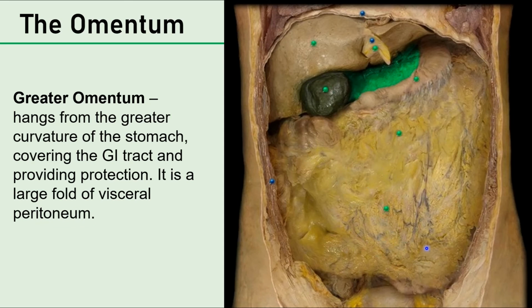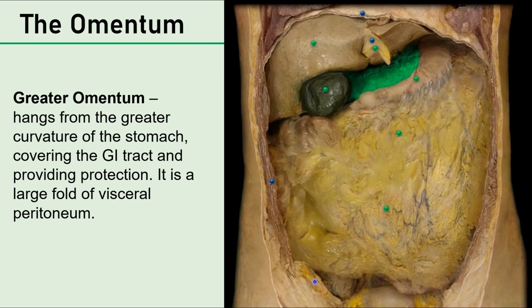And what this actually does is it helps to isolate infection. So if we get abdominal infection, this will actually move to the infection site and enclose it until that infection has cleared up. So there's a lot of lymphatics within this omentum, the greater omentum, that will wrap itself around an infection.